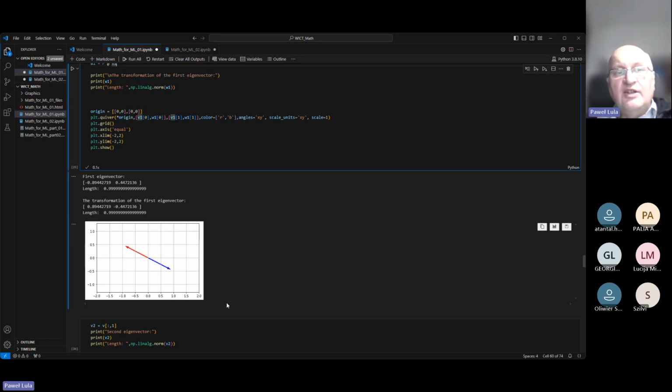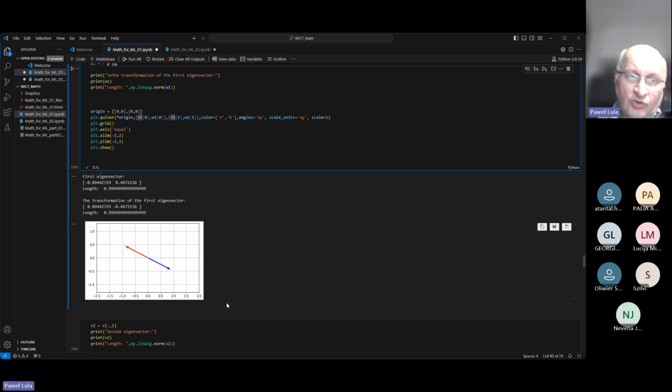We can say that they have the same direction. And it is always true for eigenvectors of a given matrix P that after transformation in which we use this matrix P, they will produce vectors which lie on the same line.